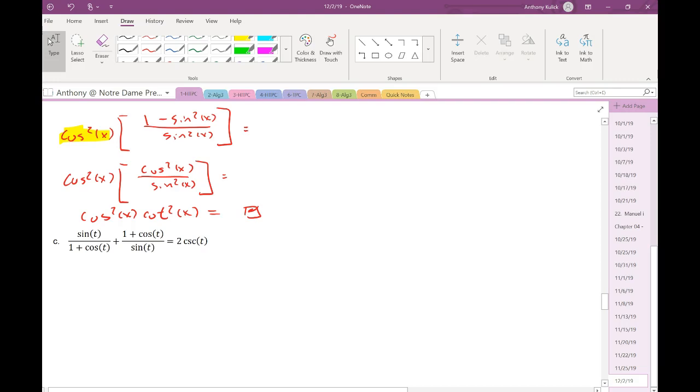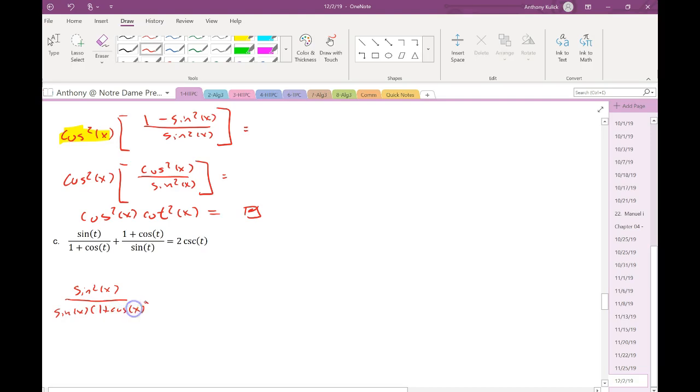Get a common denominator. Okay. What would that common denominator be that you're looking to get? Okay. So that's going to give us sine squared over sine x times 1 plus cosine.